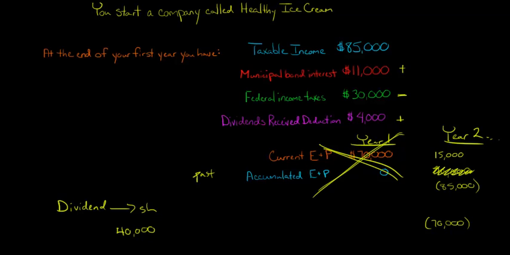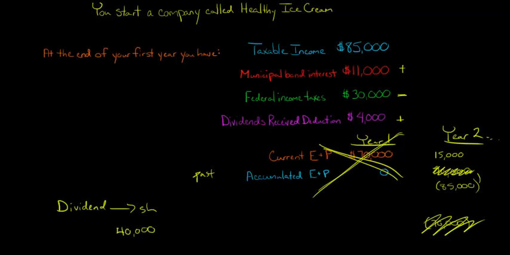And so we'd look and say, hey, we got a dividend of 40,000, but there are no profits that we're paying this out of. So basically we're going to have some other methods that we'll talk about later, but it won't be categorized as a dividend, right? However, this isn't how we do it. We don't net them together. We first look to current E&P.